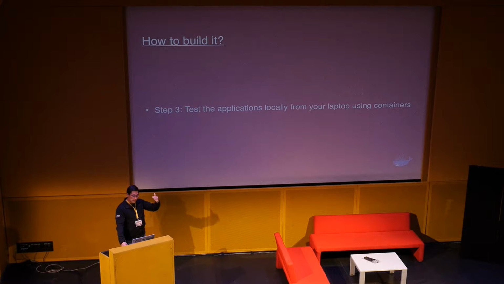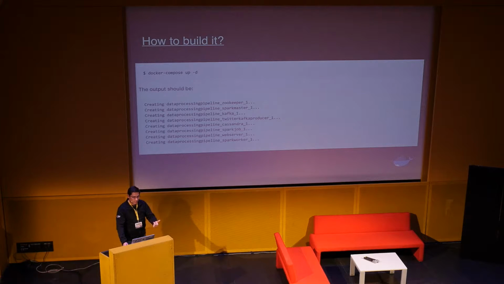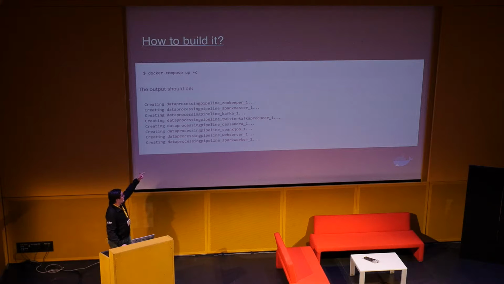So basically, once you have all these applications described in a compose file, you can spin this up on your laptop locally, and you can see these applications talking to each other on your laptop, and basically you can do a Docker compose up, and that's what we are going to see when I do the demo.